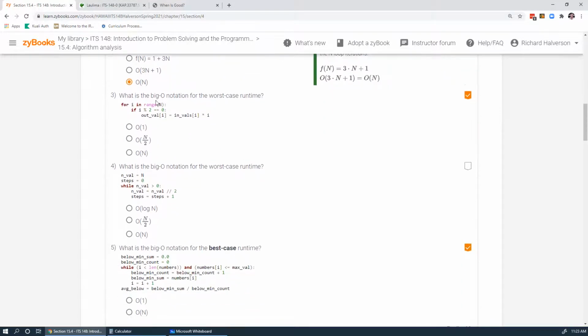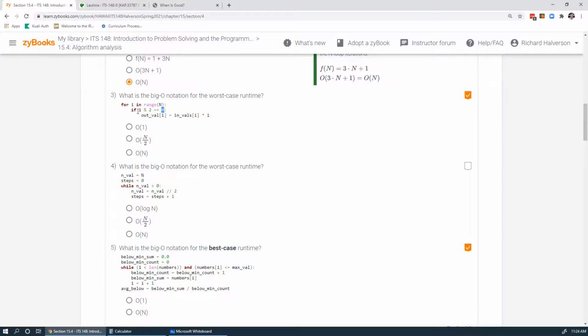What is the big O notation for this worst case? I is going to go from 1, 2, 3, 4, 5, 6, 7, 8, 9, however high n is, and if we look at I mod 2 being 0, that means half the time.